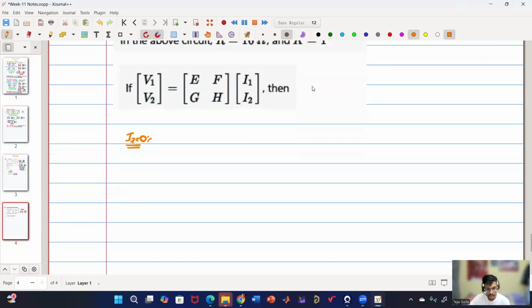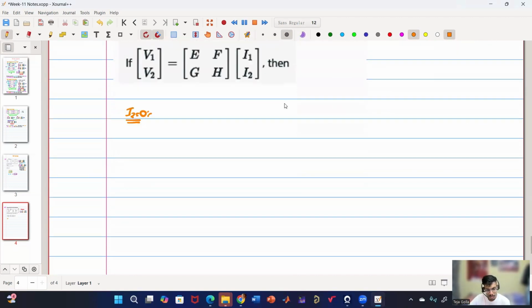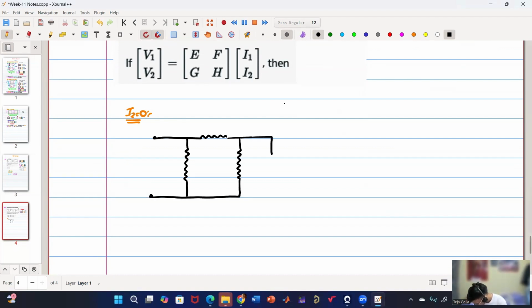And let me redraw the circuit. So we have three resistors here and K I1 here. Resistor 1, resistor 2, resistor 3. Here we have K into I1. And this is open. And this is V1, I1.